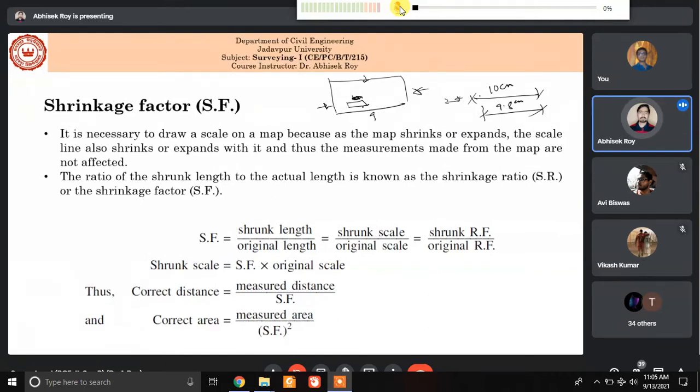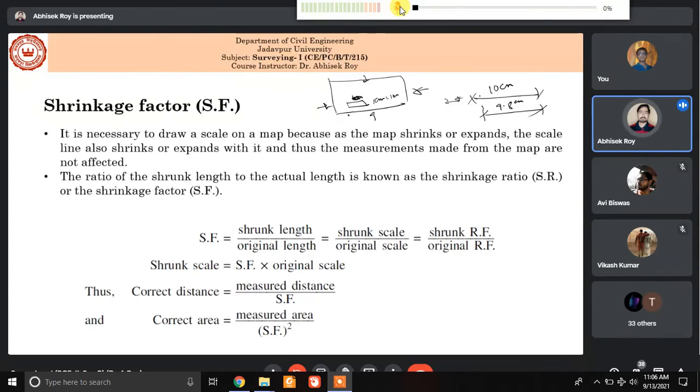So if the scale is not drawn, if it is only written 1 centimeter equals 1 kilometer, what you will do, you will measure this distance and find that this is 9.8 centimeter. So obviously you will take this as 9.8 kilometer. So with the help of this map, when you go to your field, you will claim only 9.8 kilometer. So this will be the problem with the shrinkage of the drawing, and that's why it is very important to draw the scale in your drawing.